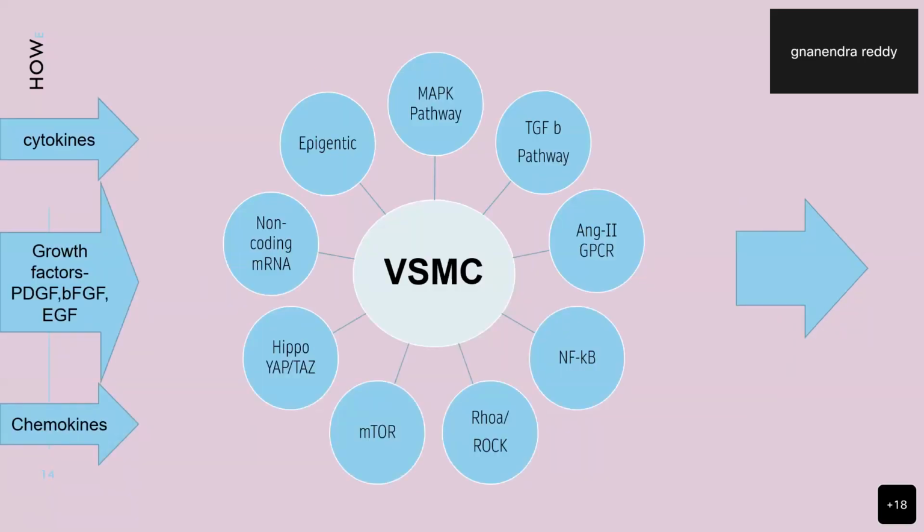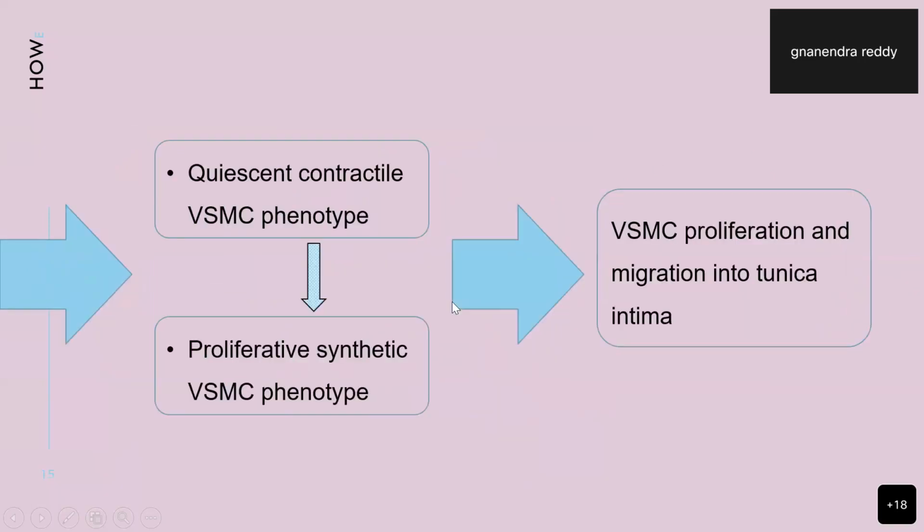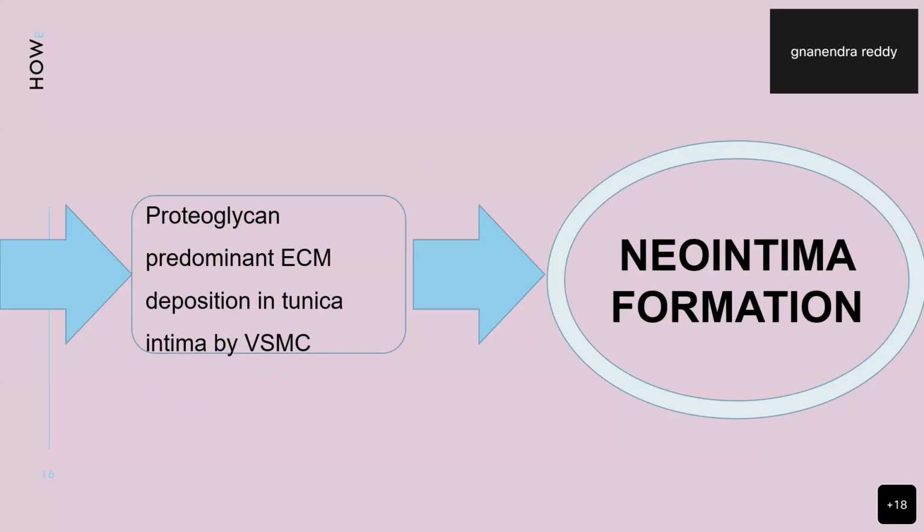All these products, through various cellular and subcellular pathways, finally culminate in vascular smooth muscle cell activation. The contractile, quiescent phenotype of the vascular smooth muscle cell is shifted to the proliferative, synthetic phenotype. Once activated, the smooth muscle cell proliferates and migrates into the tunica intima, which further causes proteoglycan-predominant extracellular matrix deposition in the tunica intima, finally leading to neointima formation.